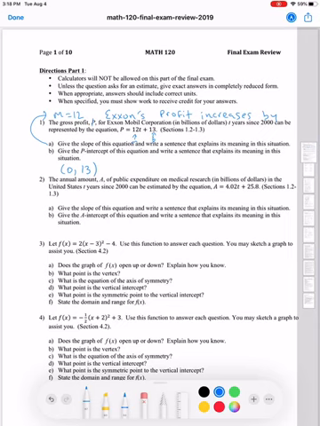Well, what's the starting point? In the year 2000, Exxon's profit was $13 billion.